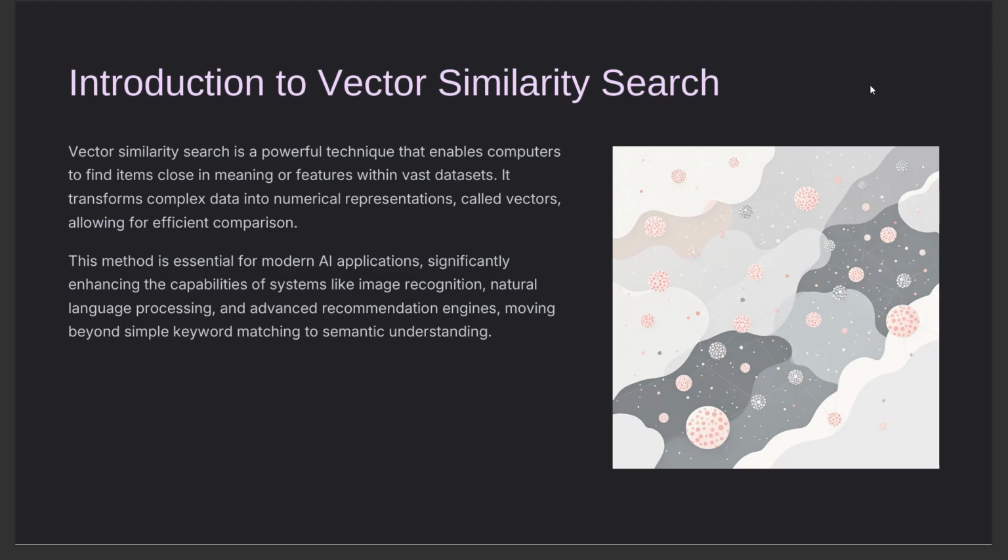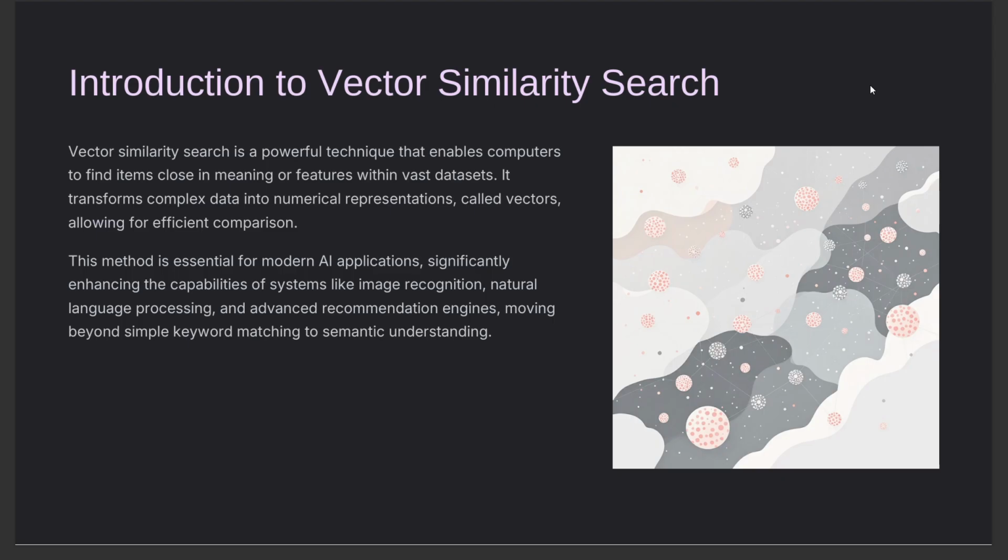The key concept here is the vector, which is a numerical representation of data. Anything, a word, an image, or even a piece of audio can be converted into a mathematical vector. Once converted, we can measure how close or similar two pieces of data are by comparing their vectors.